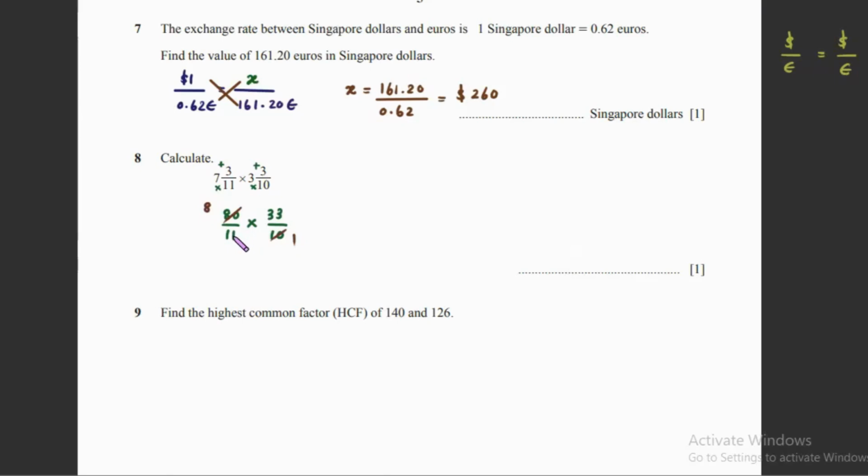The same way, I can simplify this 11 and 33 by dividing both by 11 itself. So this 33 becomes 3 and 11 becomes 1. Now the rest I'm going to multiply and do the division. So in the denominator, I have 1 times 1, which is anyways a 1. So 8 times 3 is 24. So 24 over 1 is the same as 24.